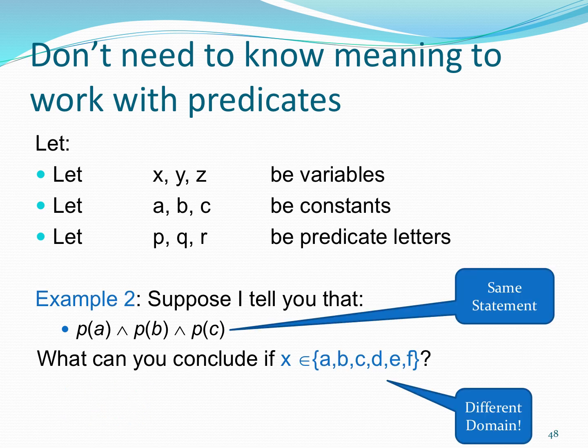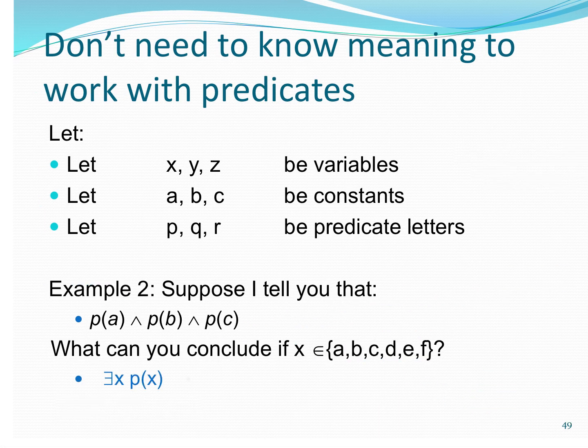So let's take this theoretical experiment a little bit further. Suppose I know that the P predicate is true for A, B, and C. But now my domain is going to be not just A, B, and C, but also D, E, and F. What can I say about X?